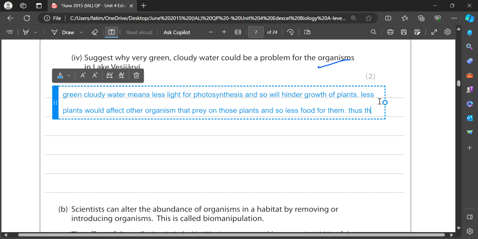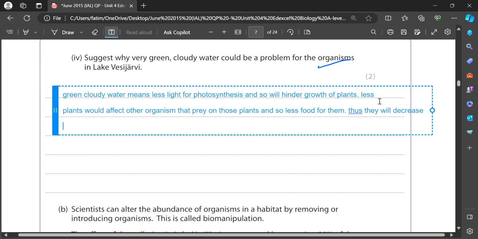Thus they will decrease in number. There we go.